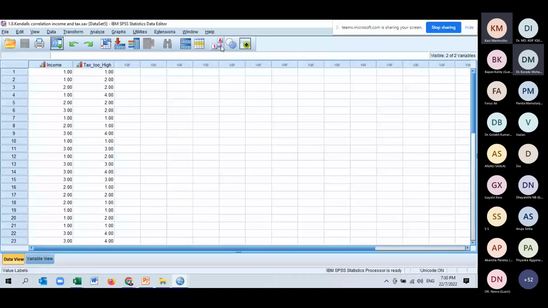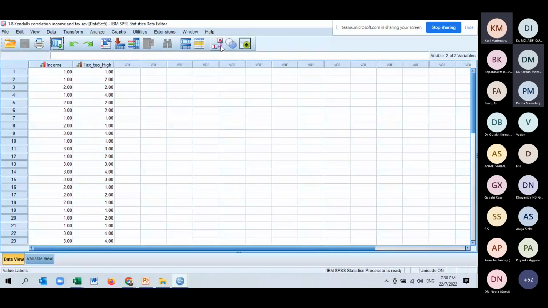Okay, so as income level increases, what about the tax burden of the people? Is there any such relationship? Lower the income, no burden. Higher the income, is there a tax burden? What do people think? Are income and taxation related?